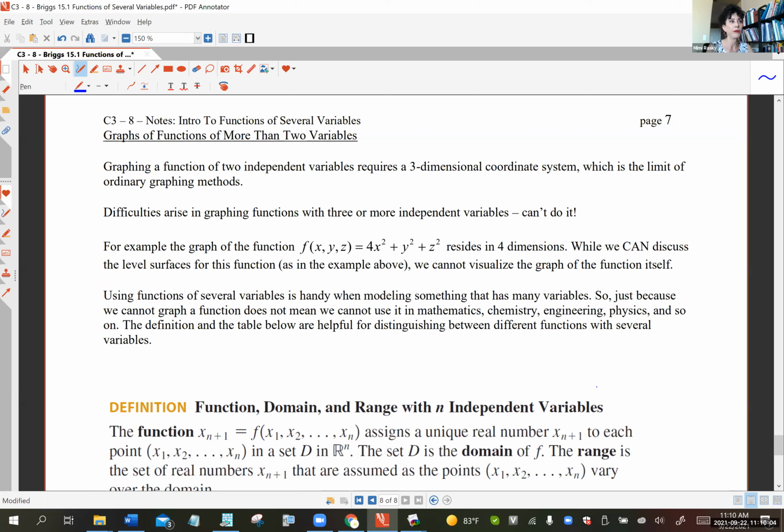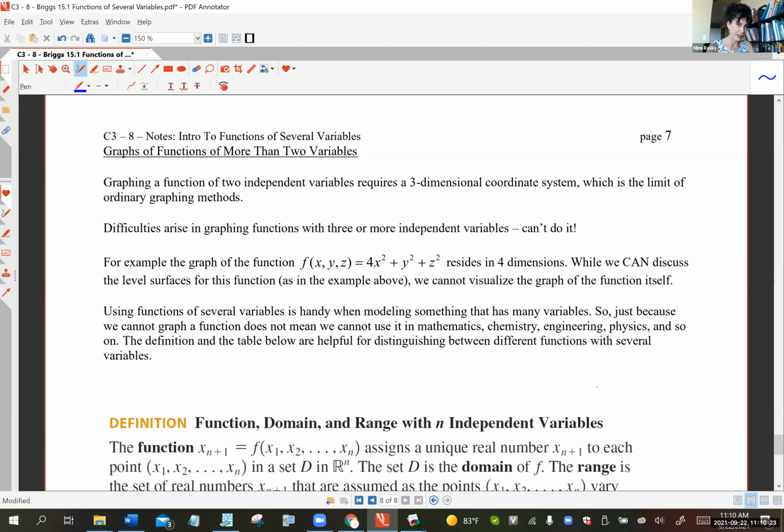Let's say you were trying to model the United States economy. There's all sorts of variables that could get thrown in there. That would be a function of maybe 50 variables. The tax rate, the unemployment rate, all sorts of things would go into that function model. So you could have a function of many variables. You just don't graph it. You would just do some work with it.